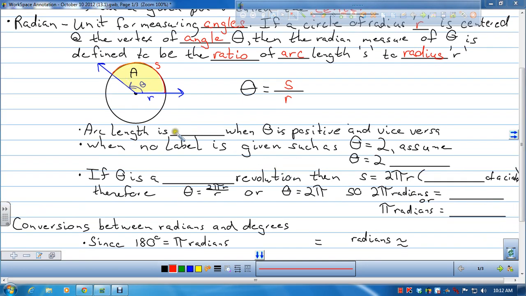Now, arc length is going to be positive when theta is positive. So if we measure that angle in a positive nature, or in a counterclockwise direction, then that arc length is going to be considered positive as well. And vice versa, if we were to measure that in a negative fashion, or clockwise, it would be considered negative.